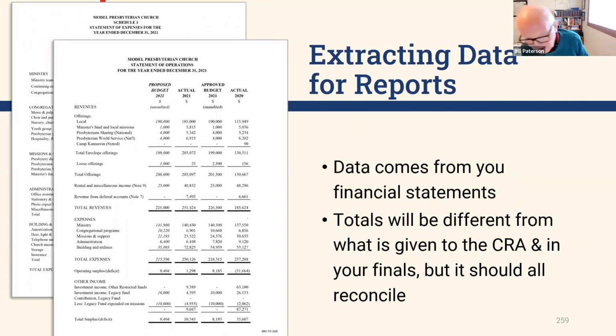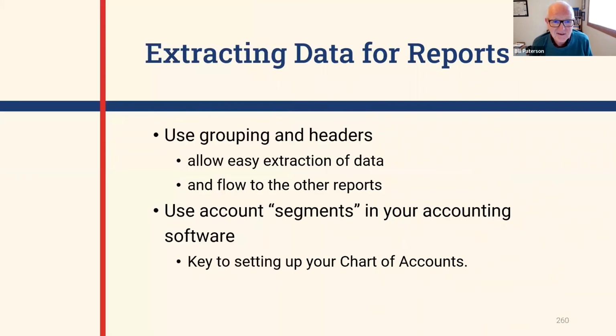You don't normally expense debt principal. So reconcile. You should be able to have something that says you've got your total per your statements for expenses and the total in the statistical return. And if there's a difference, you should know what the difference is, or else you'll be in a little bit of a mess. Okay, next slide.